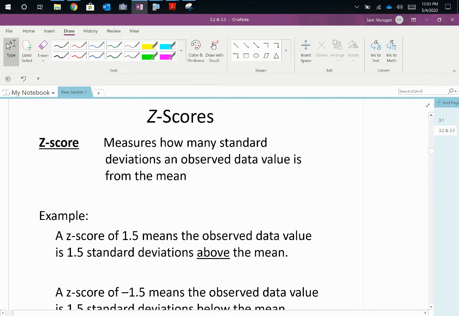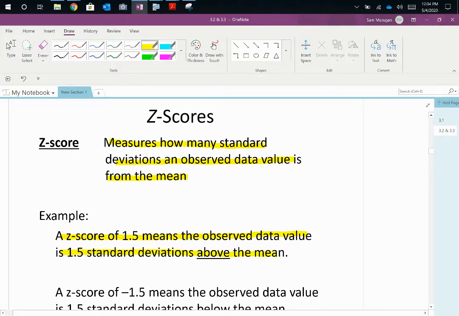Finally, in this section, we're going to talk about something called z-scores. A z-score measures how many standard deviations an observed data value is from the mean. For example, a z-score of 1.5 means the observed data value is 1.5 standard deviations above or below the mean.